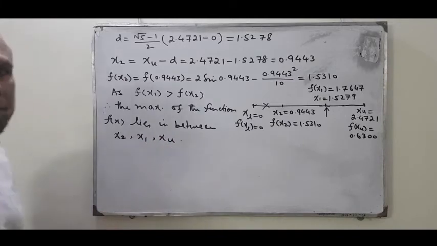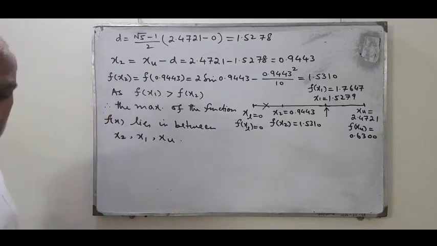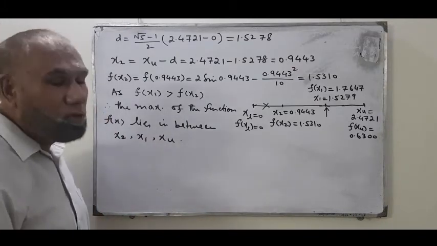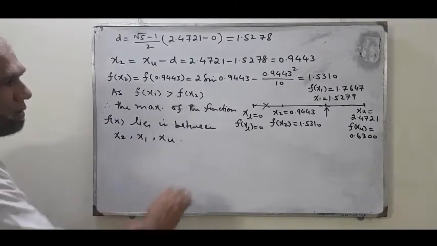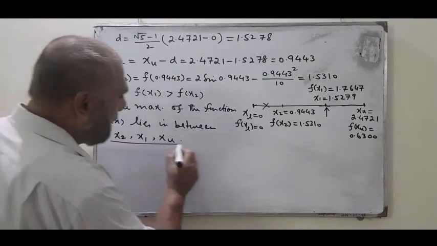And once again I have kept the order of the numbers intact, so you should be a bit careful, never change the order of these numbers. So till here we complete iteration number 2.